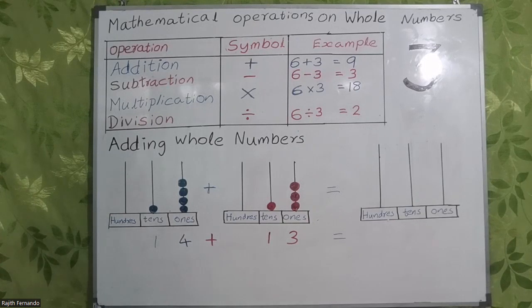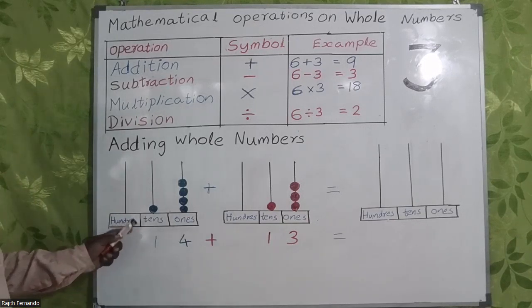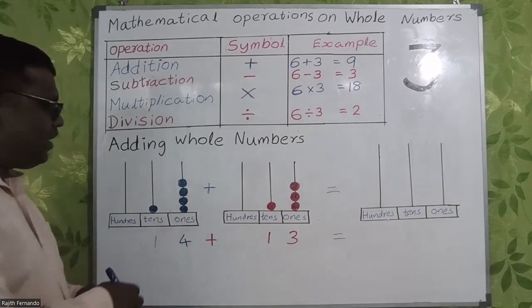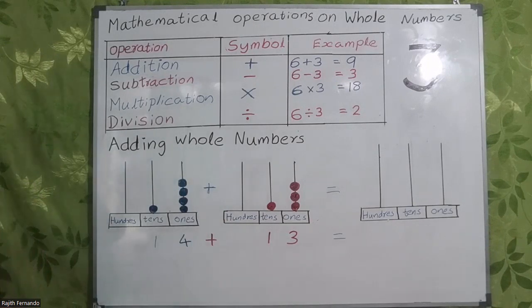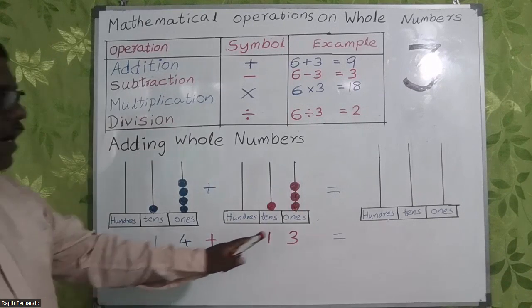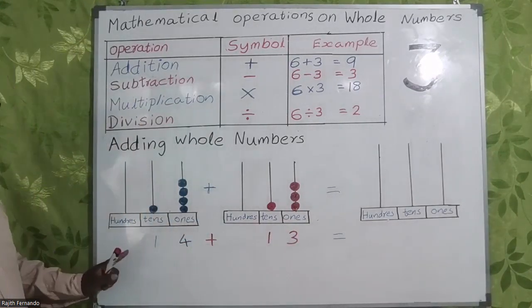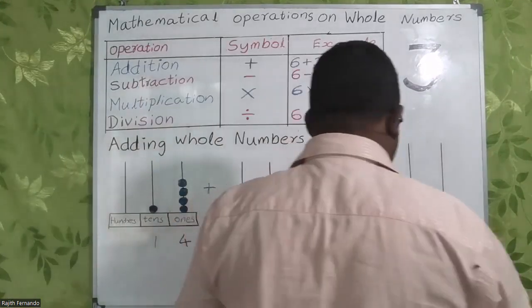Then using a counting frame, you can combine these two counting frames into one counting frame. I will first write down the first counting frame here again.